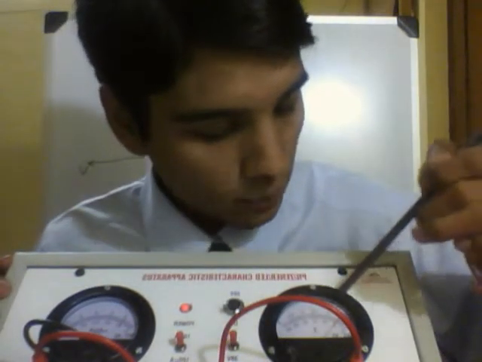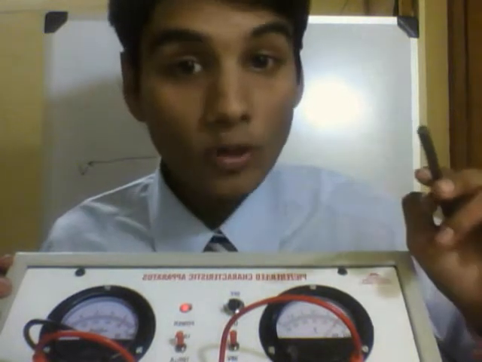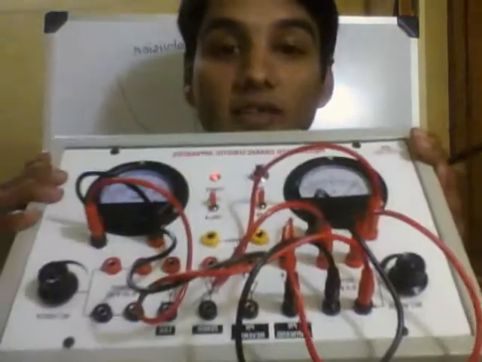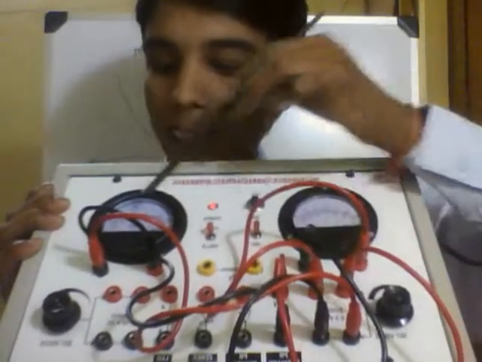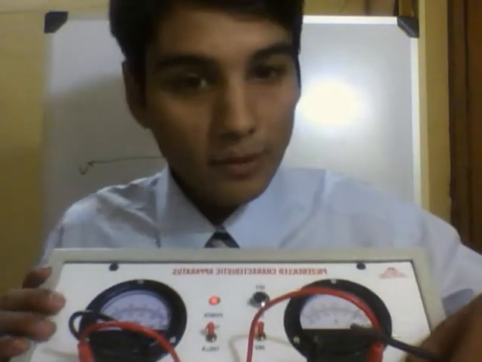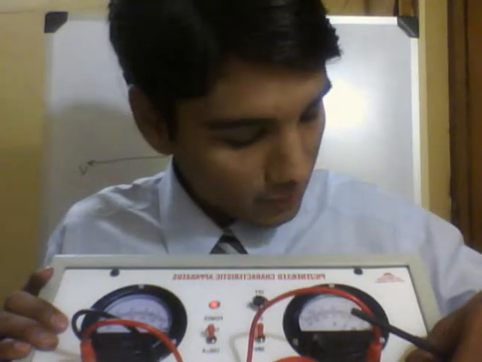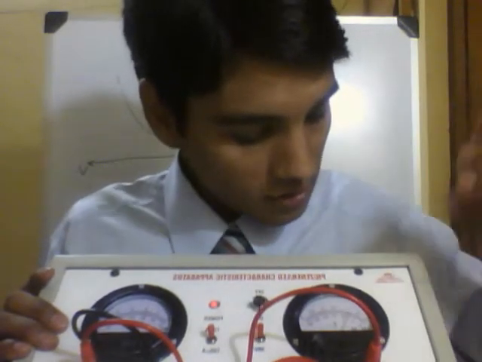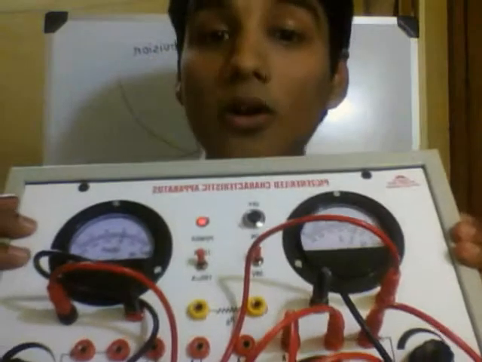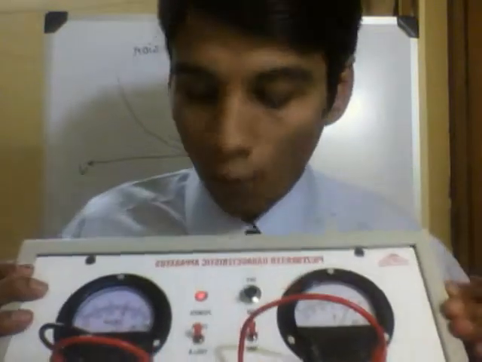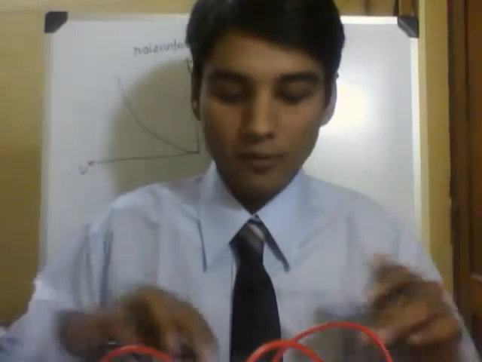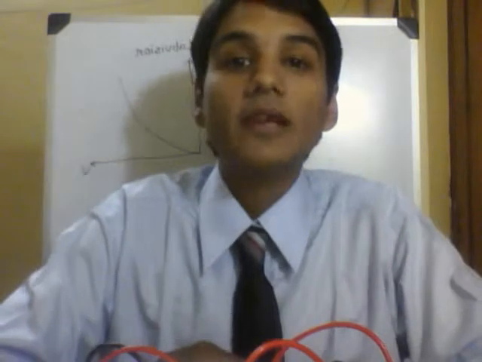When the voltage is 0.5 volts, the current flowing through this diode is 2 milliamperes. Similarly, when we turn it to 0.75, the current comes near 4 milliamperes.